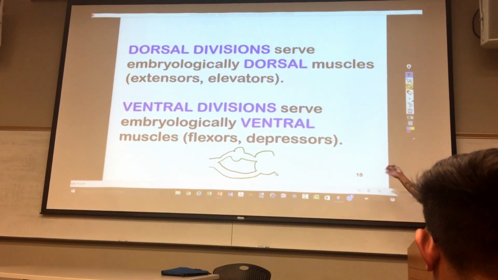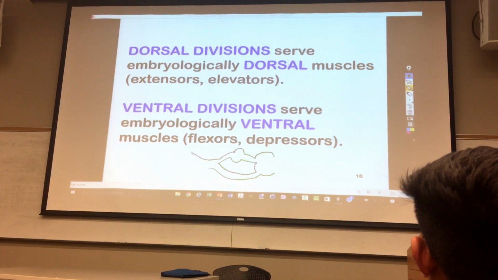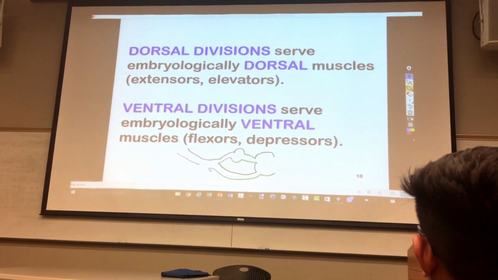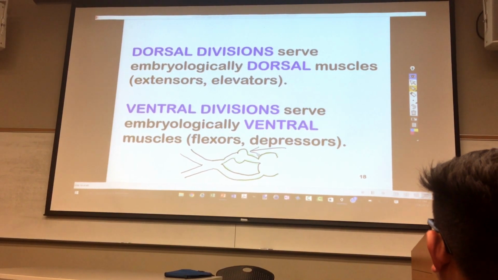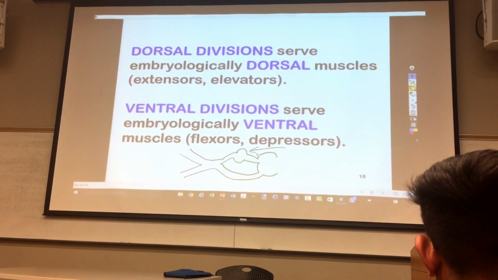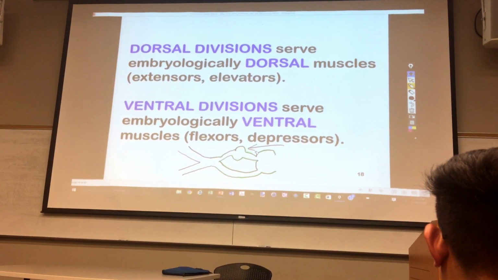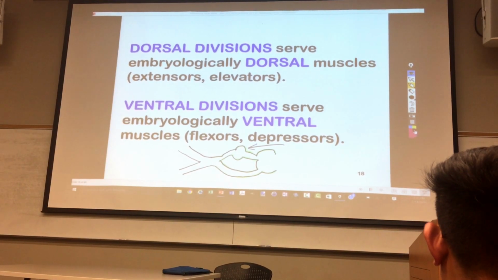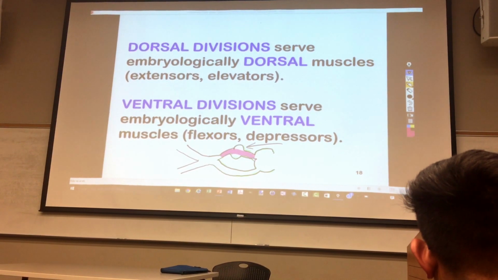Okay, so this is basically spinal cord. So what's this right there? Dorsal root ganglion, right? Actually, I'm going to highlight it so it's easier to see. All right, so that's a dorsal root ganglion. What is this right here?